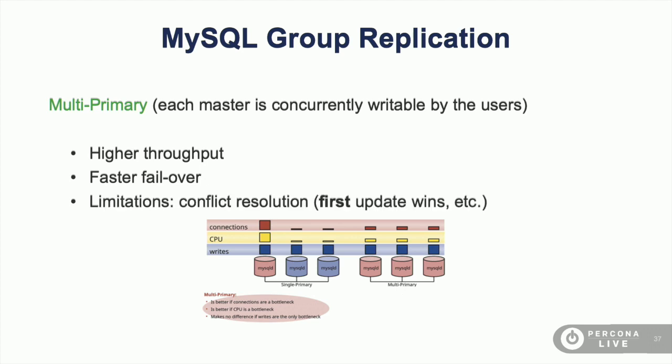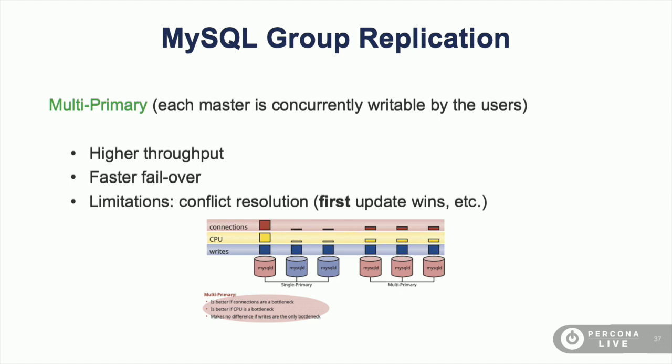The penalty that is associated is the conflict resolution in case two transactions are executed in parallel on different master servers. And in this case, the first update wins.